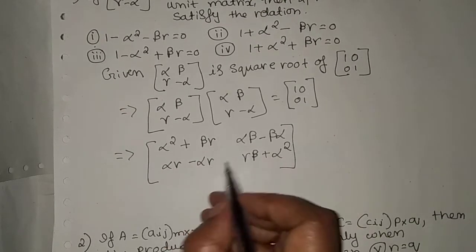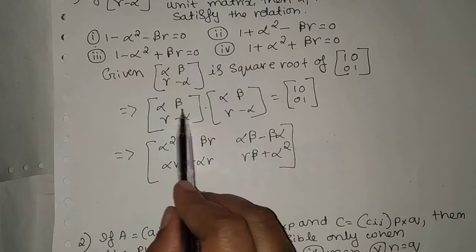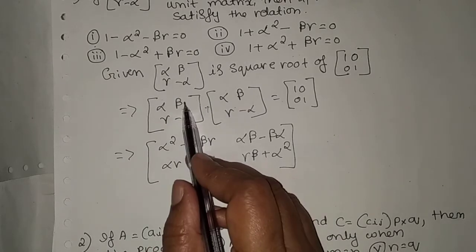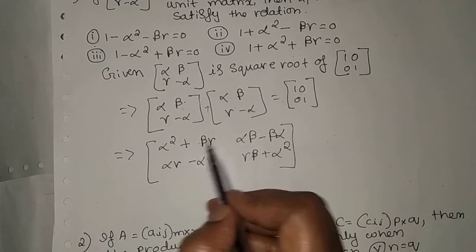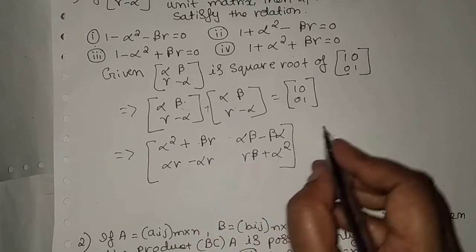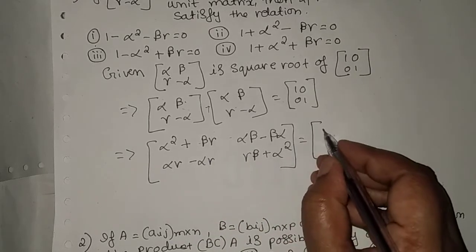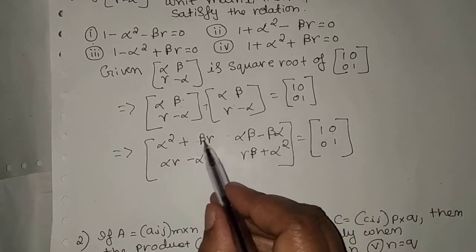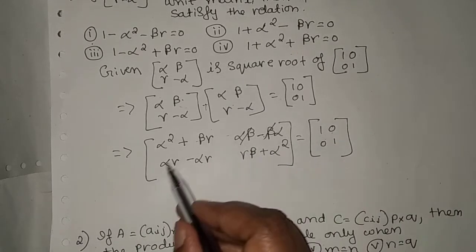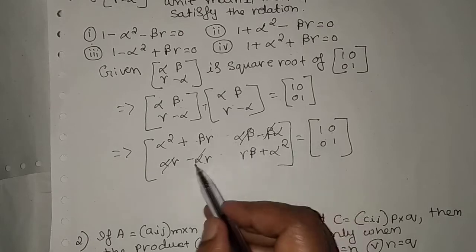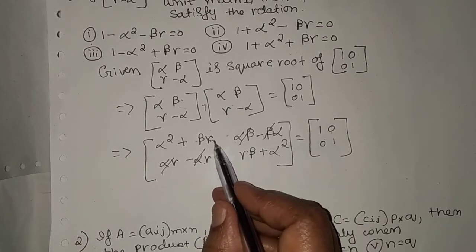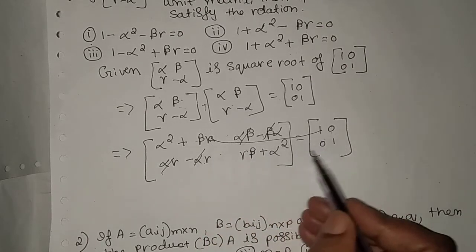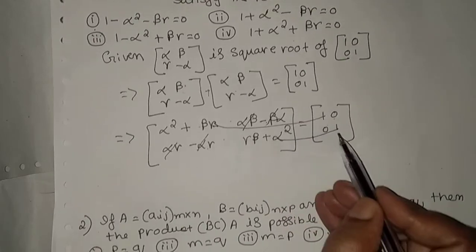We multiplied this matrix by itself, that is A square, then equate it to the unit matrix. The off-diagonal terms cancel and become 0 0. Now this will be equated to this one and this will be equated to this.